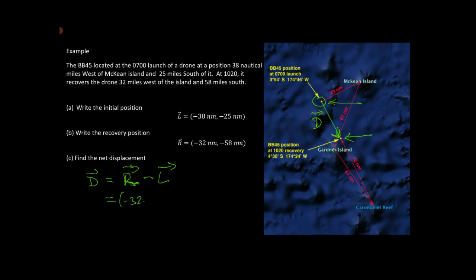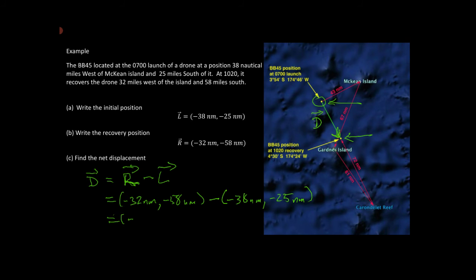Okay, so then we just add some things. Minus 32 nautical miles, minus 58 nautical miles, minus 38 nautical miles, minus 25 nautical miles. Okay. When we subtract component-wise, we can subtract the x components.